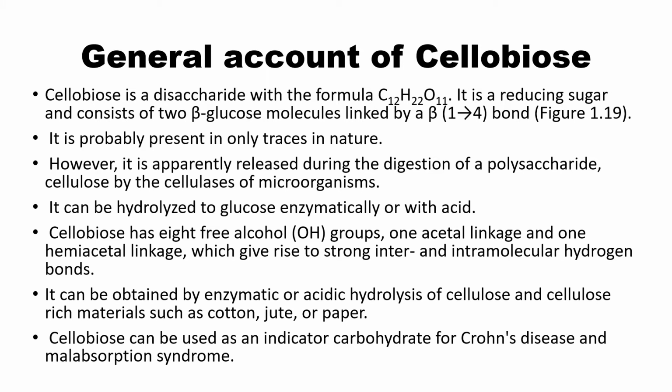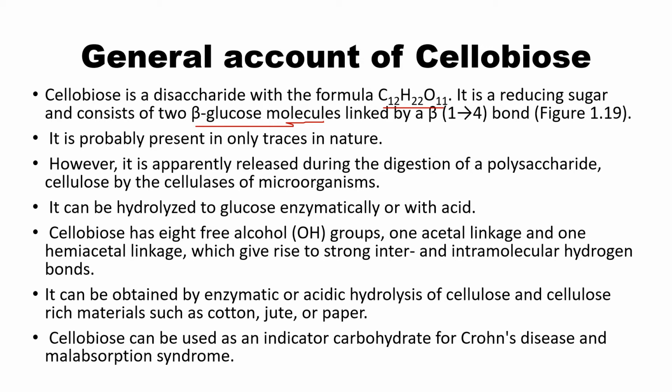General account of cellobiose. Cellobiose is a disaccharide with the formula C12H22O11. It is a reducing sugar and consists of two beta glucose molecules linked by a beta 1,4 bond.